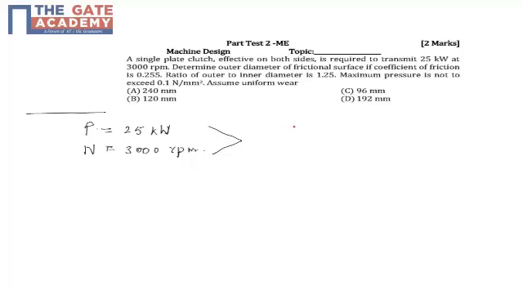So we know that the power is nothing but torque into omega, and omega can be written as 2 pi n by 60, so P equals torque times 2 pi n by 60. So the torque basically can be written as 60 P by 2 pi n.